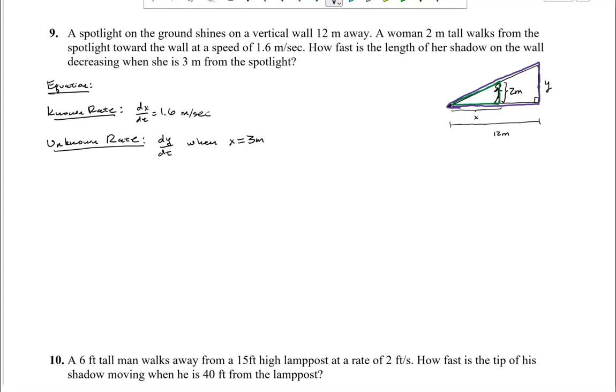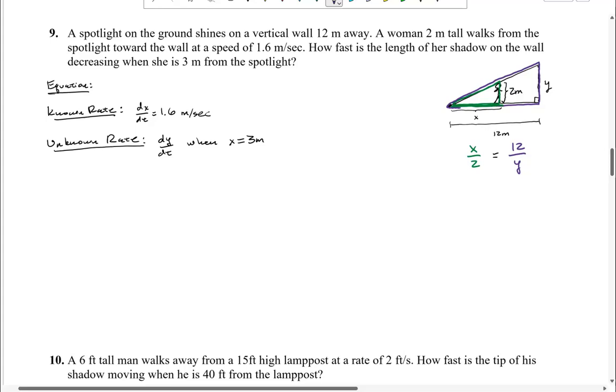In other words, if we look at the small green triangle, we can say that x over 2, right, this horizontal length here over the height of the woman has to equal 12, the horizontal length of the purple triangle, over y.